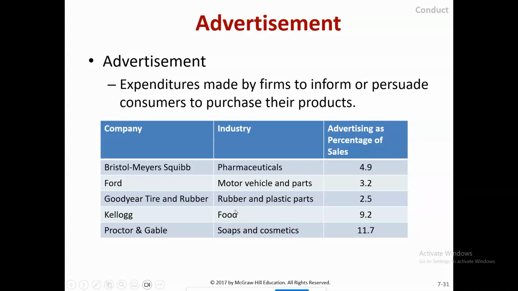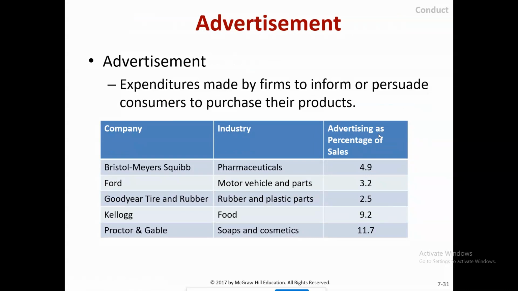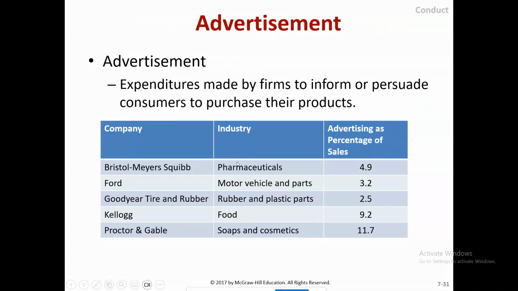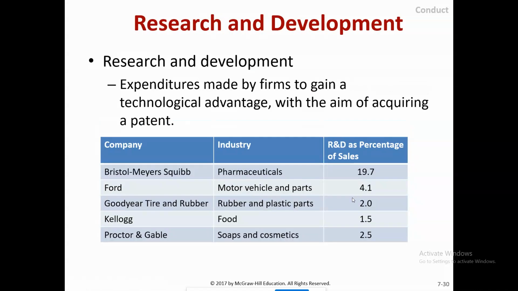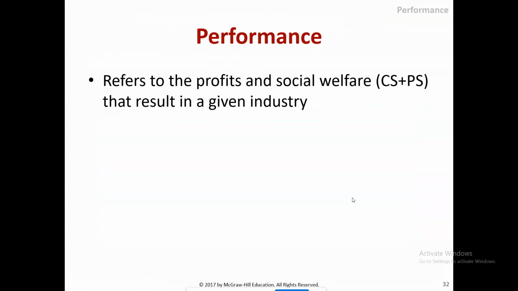We can see the food industry actually spends a lot on advertisement and the least on research and development, while pharmaceutical is the opposite. They spend the most on research and development and very limited on advertisement. And tire and rubber, plastic parts spend the least on advertisement, and they also spend very little on research and development.